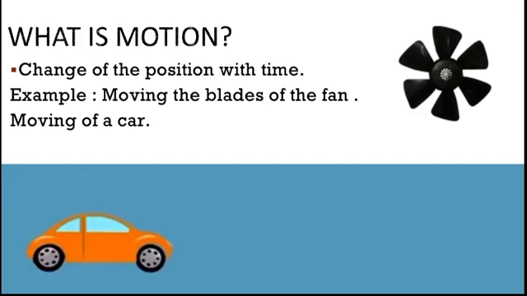Whatever we talk about moving from one position to another, from one place to another, something has to move, and that movement is nothing but motion. So we define motion as a change in position with time.